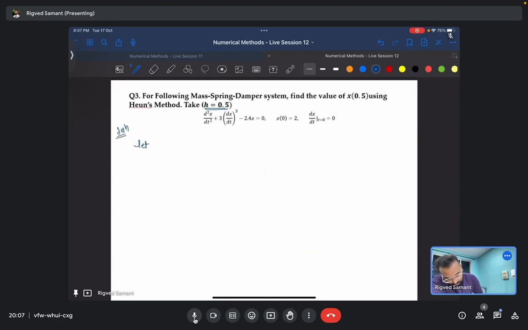Let dx by dt is equal to y, which implies d square x by dt square is equal to dy by dt, and dx by dt at t equal to 0 is equal to y of 0 is equal to 0, right?